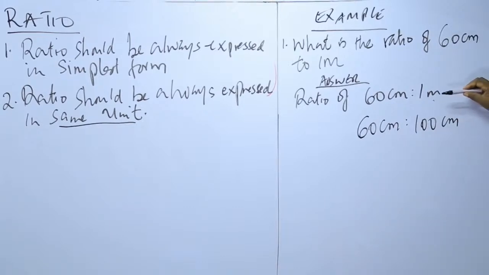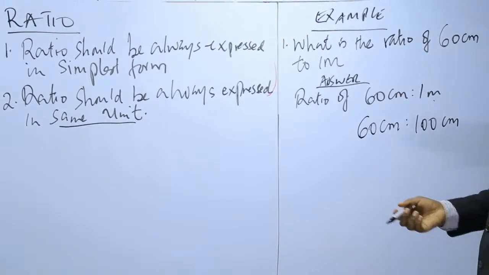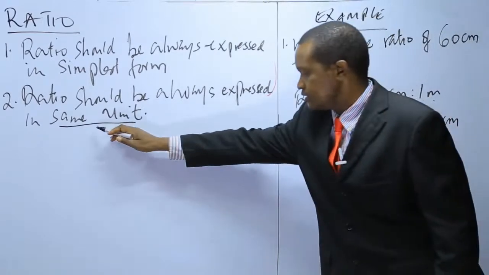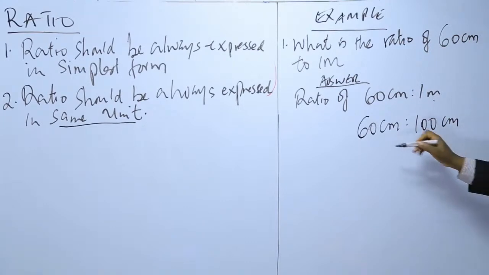We have converted the 1 meter into centimeters, and we all know that 100 centimeters equal 1 meter. So the second rule has been met. You express the ratio in the same unit. So these units are the same.